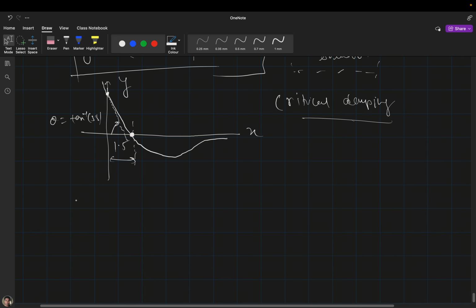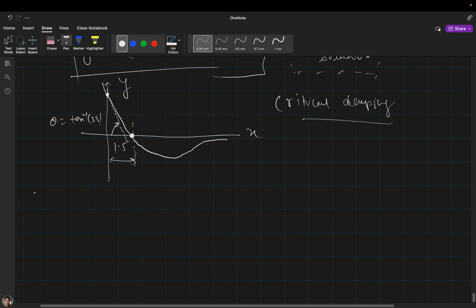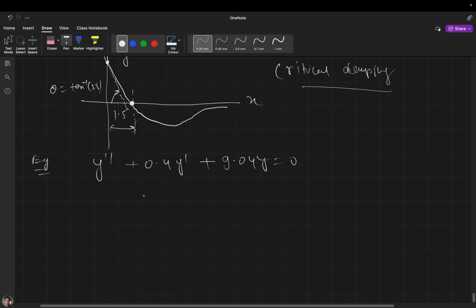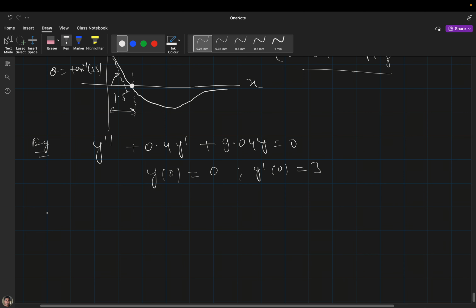Now let's take another problem. If we have a problem like this, y double dash plus 0.4 y dash plus 9.04 y equal to 0, and the initial condition is like this, then what is the characteristic equation of this differential equation?